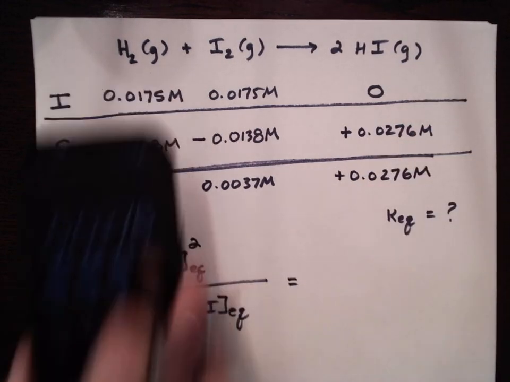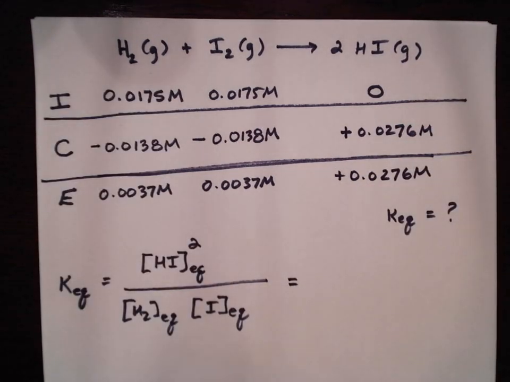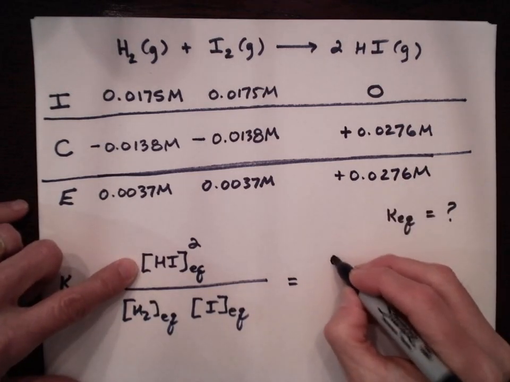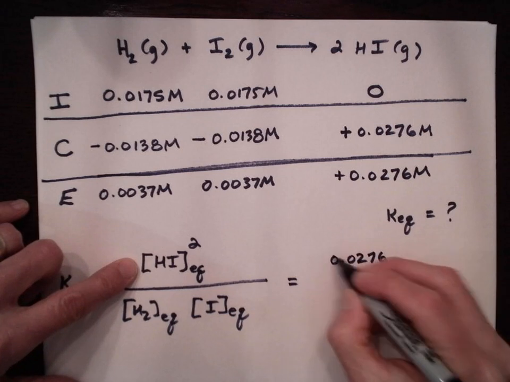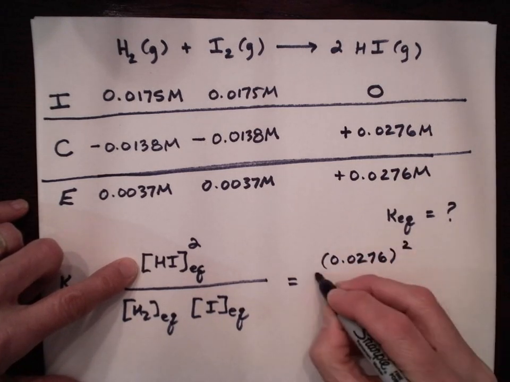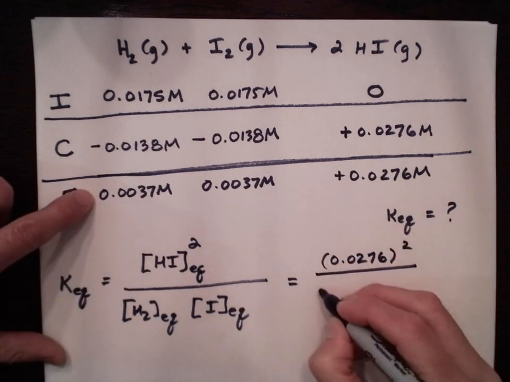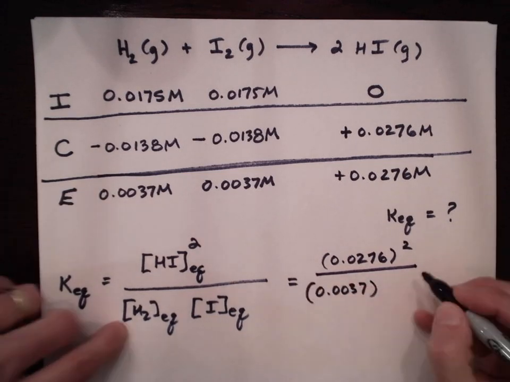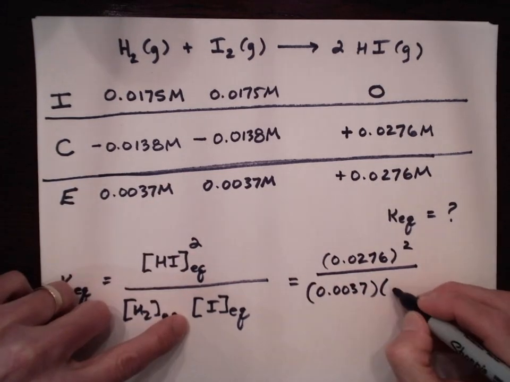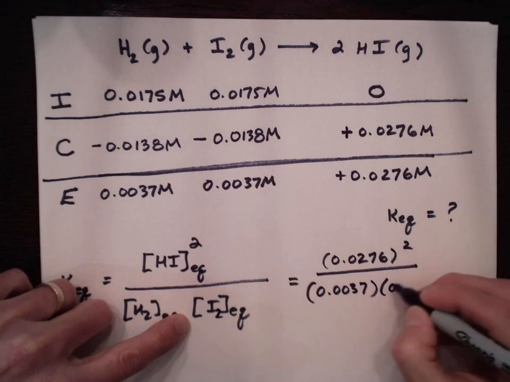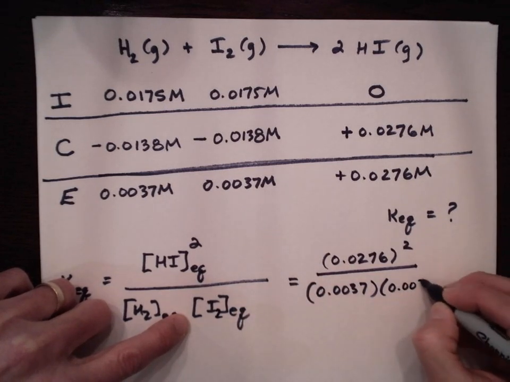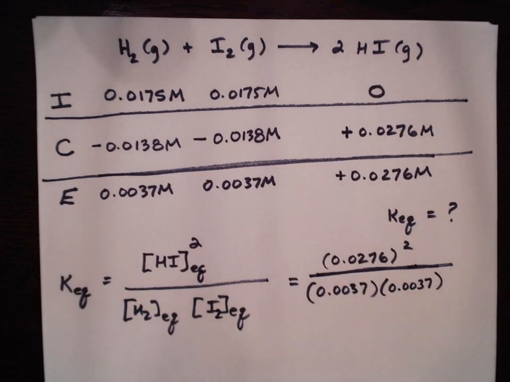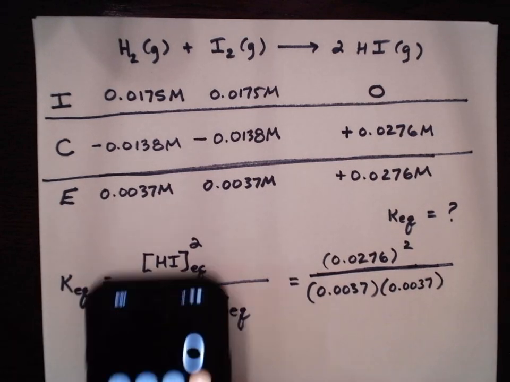So the value of the equilibrium constant then is going to be this value squared, the equilibrium value squared of hydrogen iodide. We'll also need to divide by the equilibrium concentration of hydrogen gas and also the equilibrium concentration of iodine.